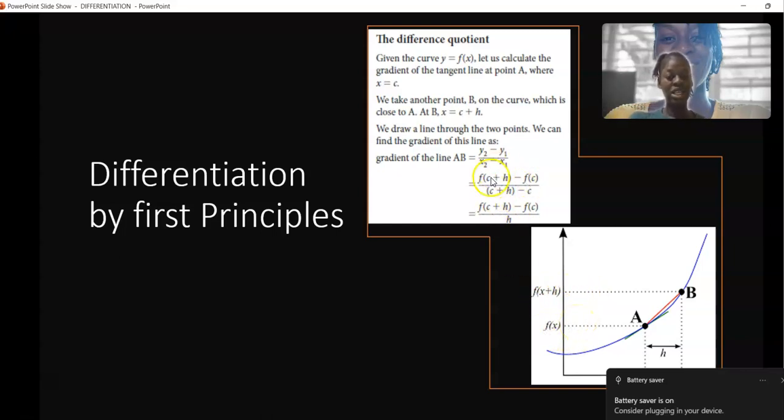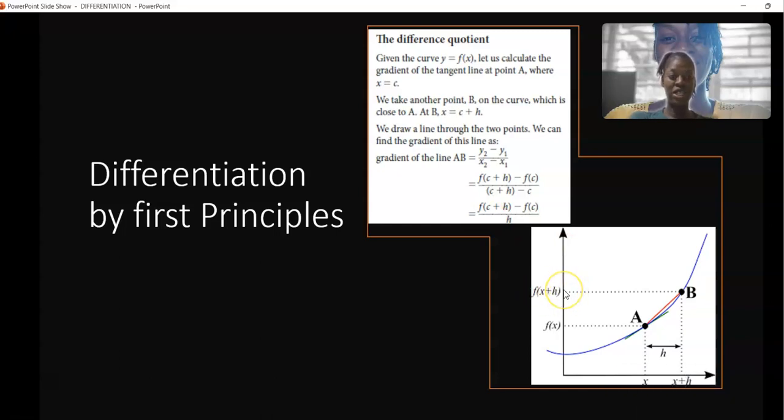In this case, remember we said x equals c, so it would be c plus h. That's where we get the c plus h from. But you will see either of these: c plus h with c, or x plus h with x.